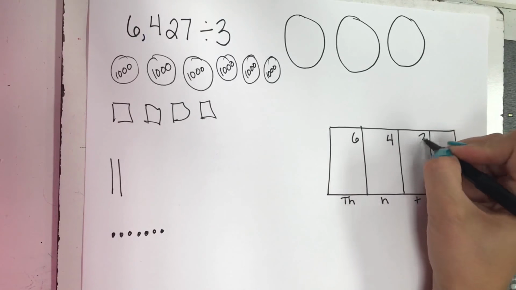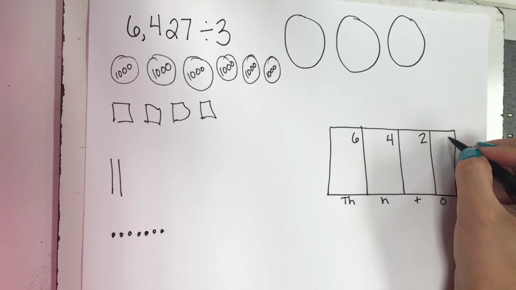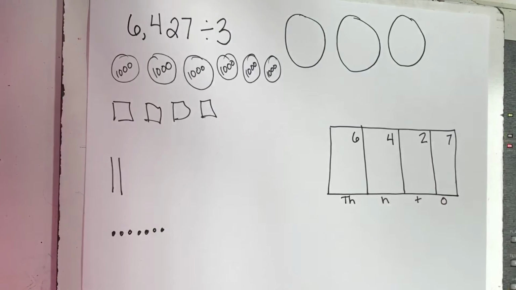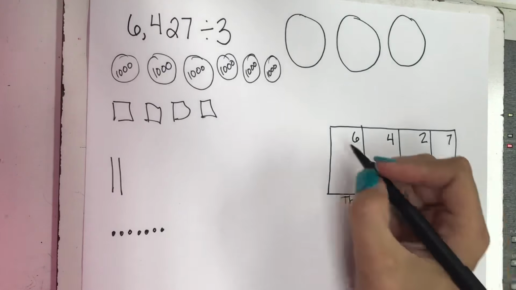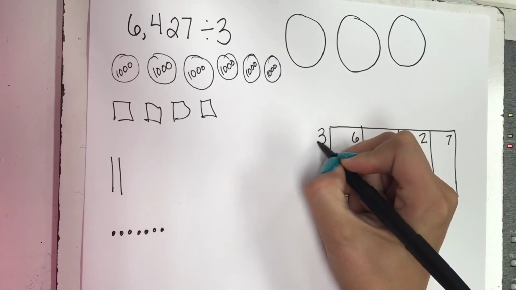Four hundreds, 2 tens, and 7 ones. Okay, and I'm dividing it into 3 groups here.